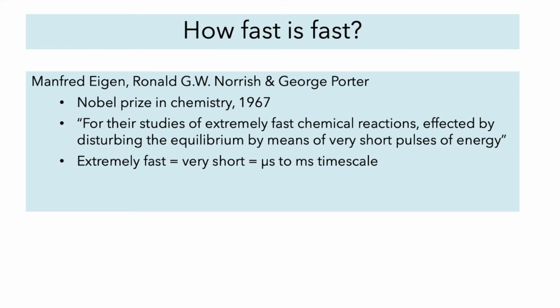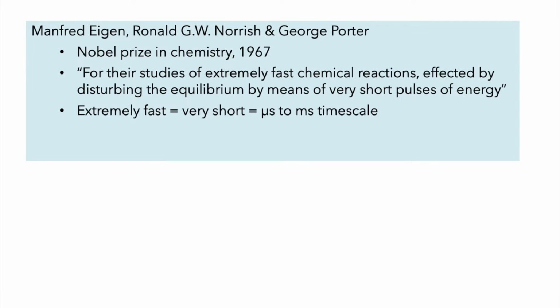Well, back in the 60s, Manfred Eigen, Ronald Norrish, and George Porter were awarded the Nobel Prize in Chemistry for their studies of extremely fast chemical reactions affected by disturbing the equilibrium by means of very short pulses of energy. In this case, extremely fast and very short meant things on the microsecond to millisecond timescale.